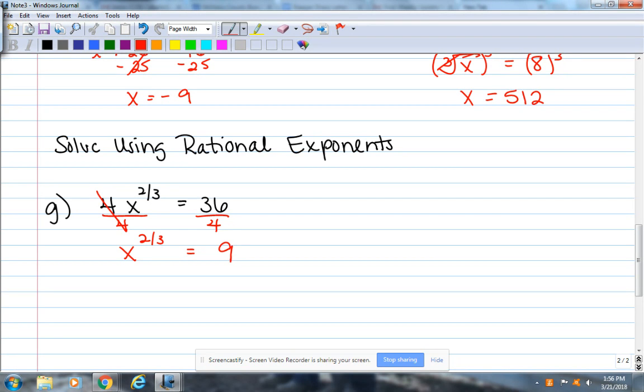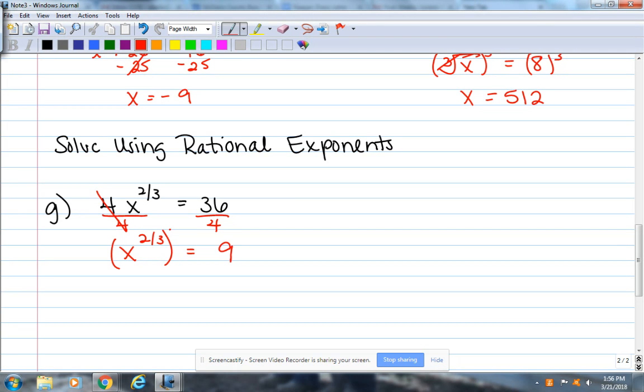Now, to get rid of the rational exponent to make it equal x to the first power, we multiply by the reciprocal of that fraction. Reciprocal means you interchange the numerator and the denominator, right? So what is the reciprocal of 2/3? 3 over 2.